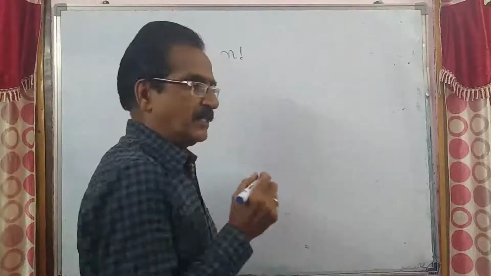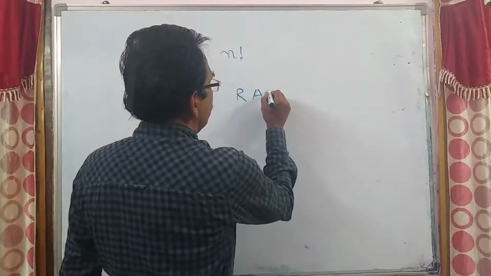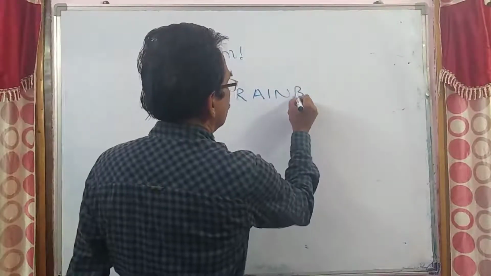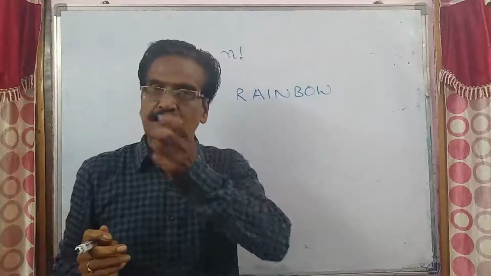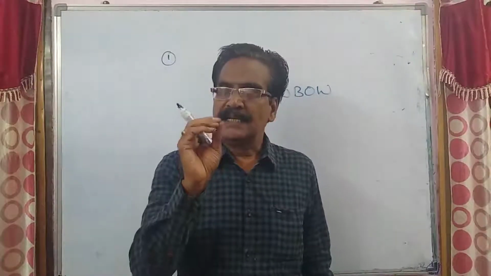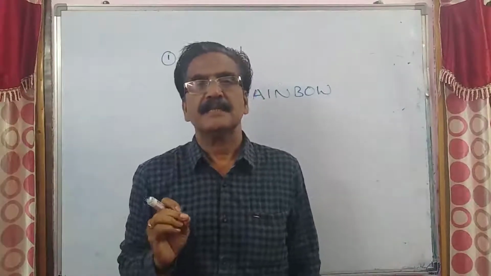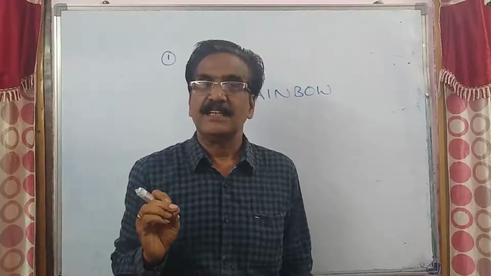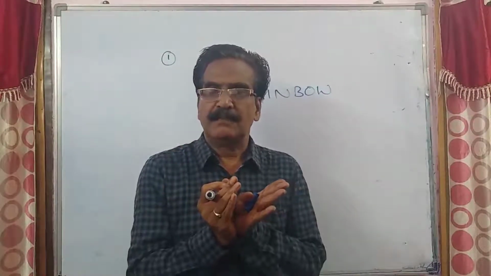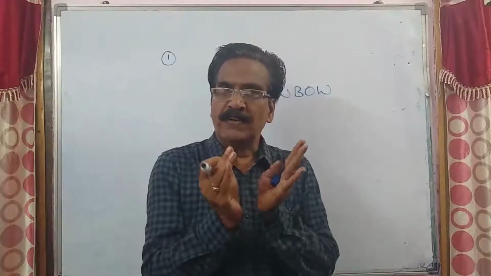Now the second question is, in how many ways can the letters of the word rainbow be rearranged such that vowels come together?